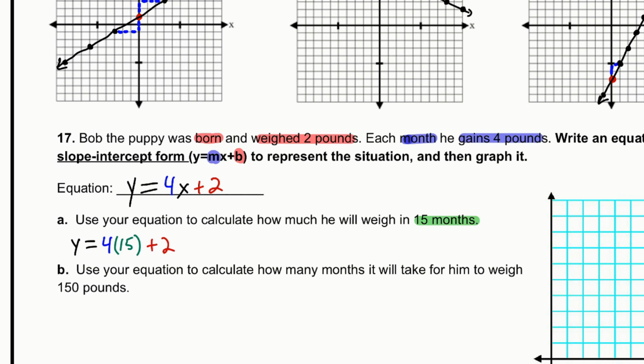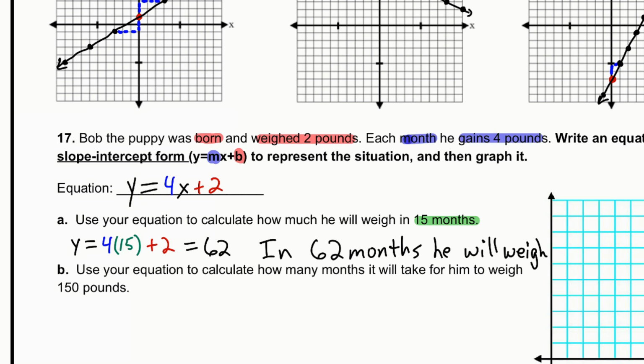Well, 4 times 15, that's 60, plus 2 is 62. In 15 months, he will weigh 62 pounds. I'm going to just erase that because I'm getting in the way of my graph there.